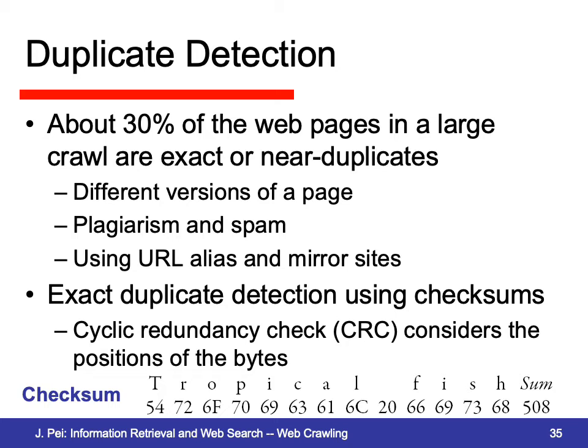Essentially, the checksum calculates a sum based on the characters on the page. For example, we can use the cyclic redundancy check, CRC. It considers the position of the bytes. So if two documents have exactly the same checksum, then they have a very good chance to be duplicates and thus can be detected.